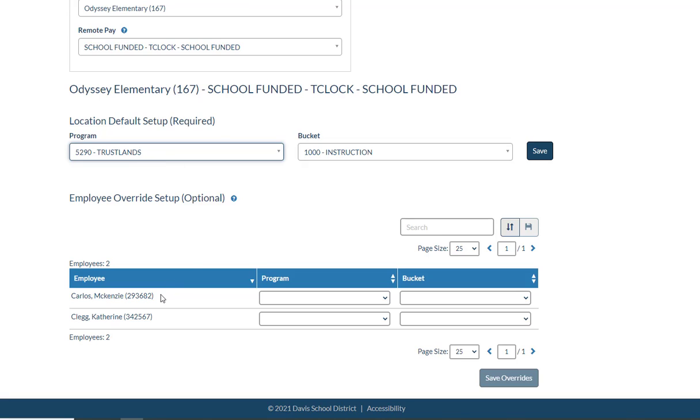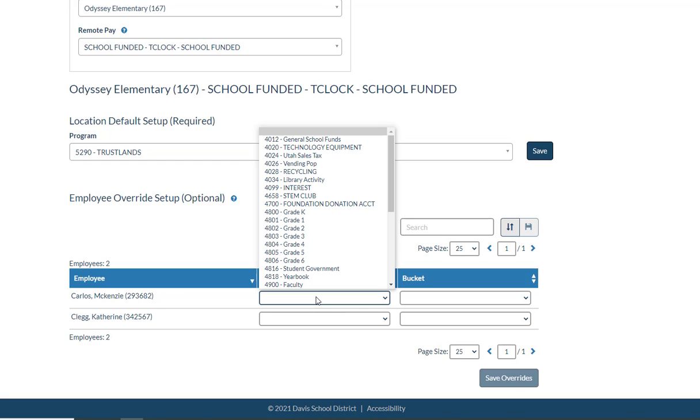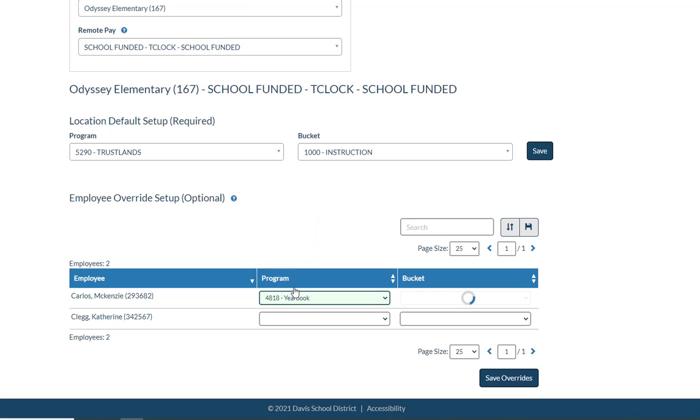So we're going to look at a couple employees here. They are going to be paid out of school funded, and the reason we know that is because we have gone in and given them that assignment for school funded. The assignment would be T-Clock school funded, which means they're going to clock in and clock out. Let's say this employee is going to be working on yearbook this time. So we're going to pay it out of yearbook, and it defaults to the instruction bucket.